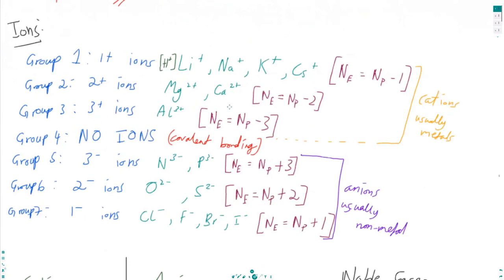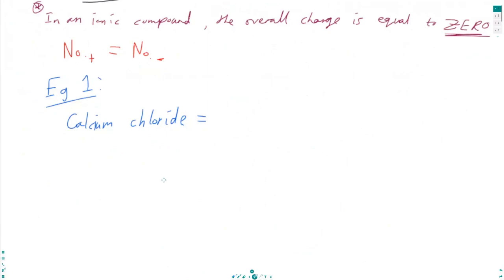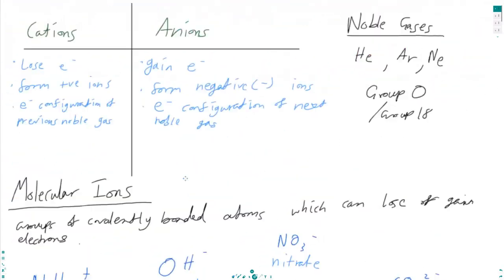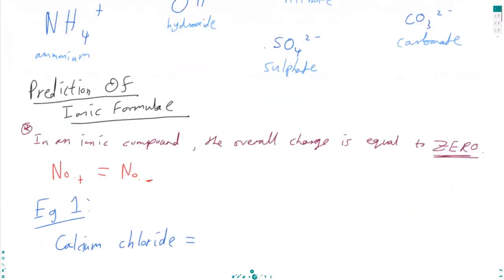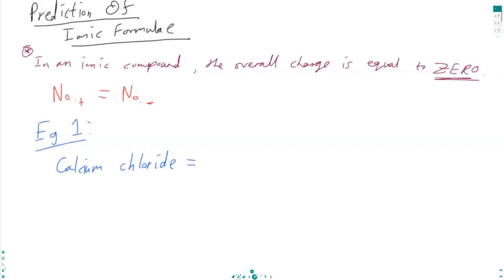Calcium is a 2 plus ion, and Cl is a 1 minus ion. So first we write down the ions that we know: Ca2+ and Cl-. But remember, here we need the overall charge to be equal to 0.